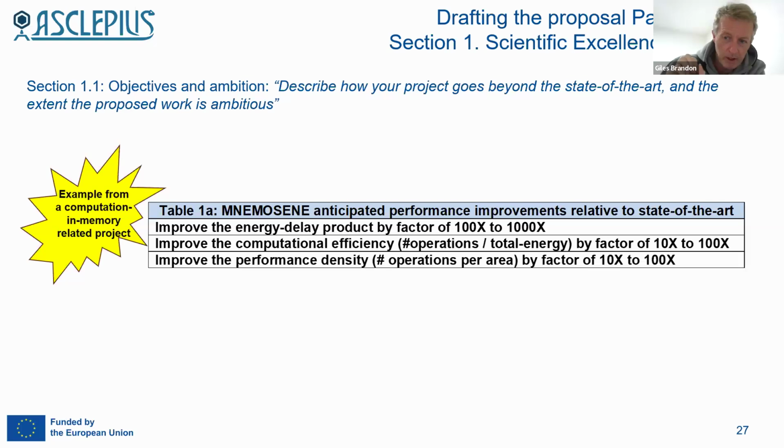But whether you're writing a proposal about computation in memory, or organic light emitting diodes, or bacteriophages, I'm pretty sure it's possible to come up with some kind of table where you give some numbers that you're aiming for. And I'd say it's essential that you have some kind of table like that in section 1.1. It again helps to demonstrate the ambition that you have with your project.